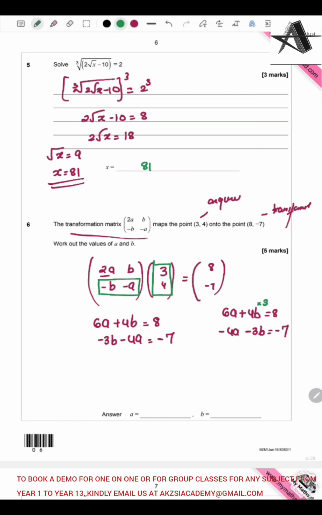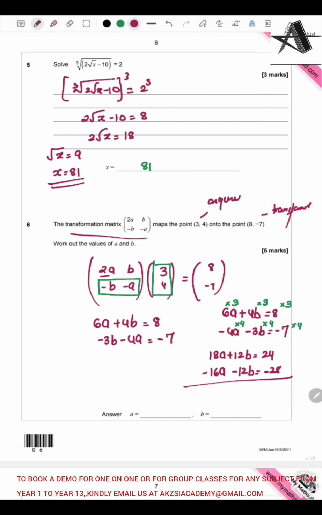So if I'm multiplying this by 3, I need to multiply this by 3, and this by 3. How can I make 3 into 12? By multiplying it by 4. So multiply this by 4, this by 4, and this by 4. The final equations will be 18a plus 12b equals 24, and 16a minus 12b equals negative 28.